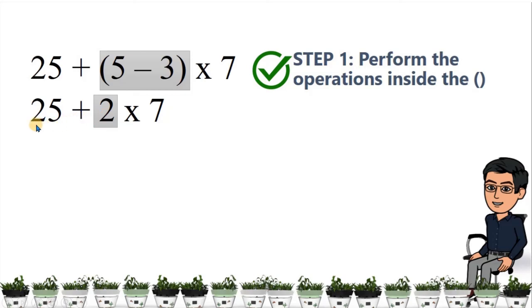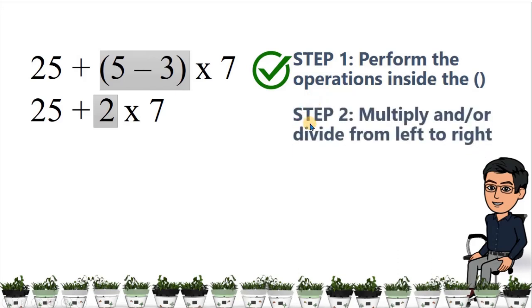So we have now our new problem, which is 25 plus 2 times 7. Do we still have operations inside the grouping symbol? No. So that means we are done with step number 1. Let's proceed to step number 2. Multiply and or divide from left to right.